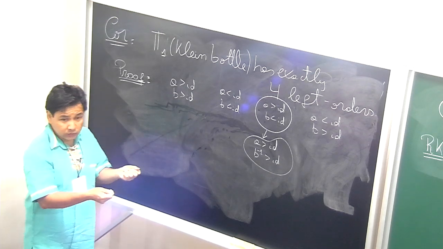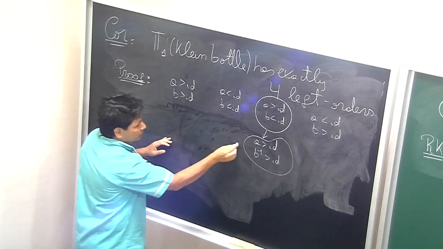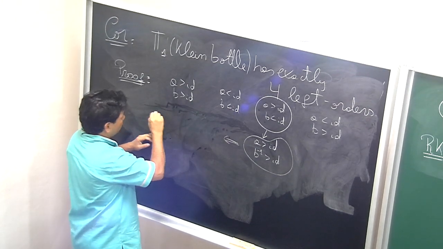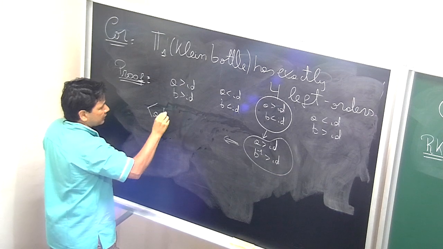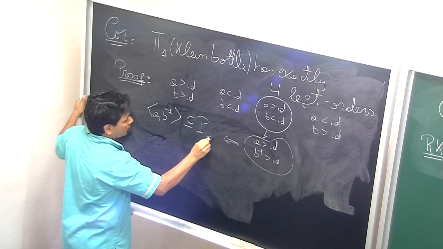And then when you have positive elements, you may multiply them and you will always get positive elements. So the whole semigroup generated by A and B inverse is contained in the positive cone of the order.